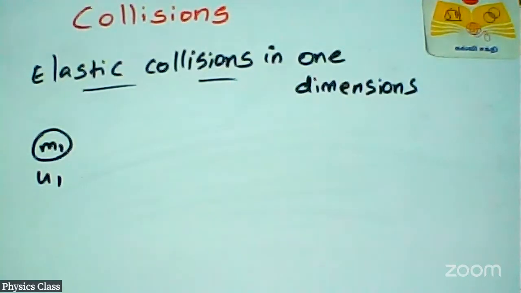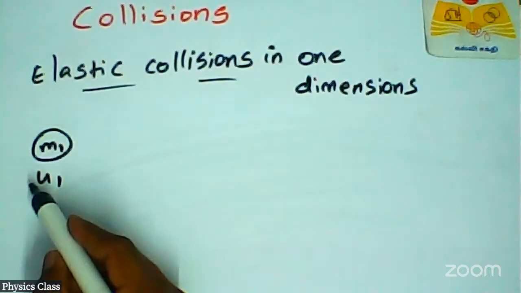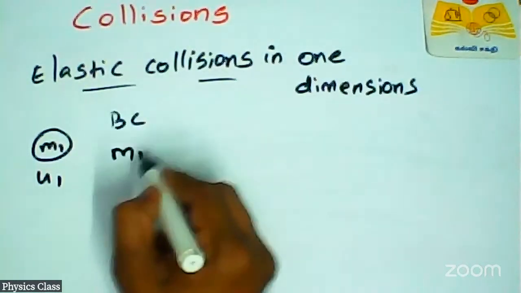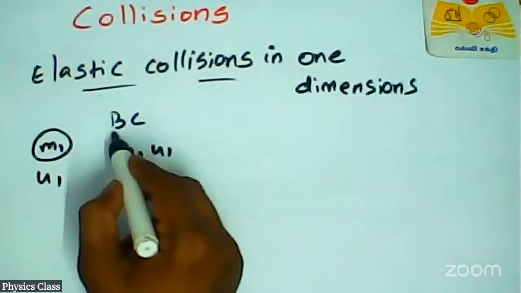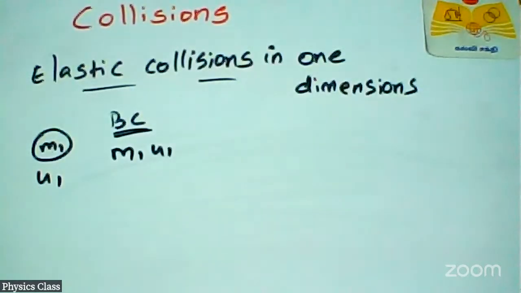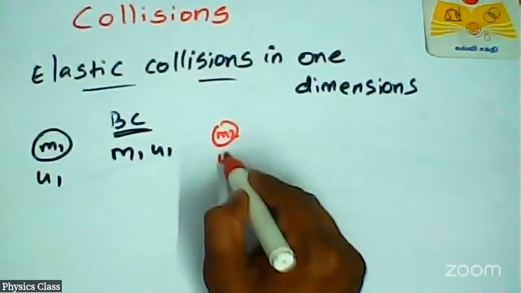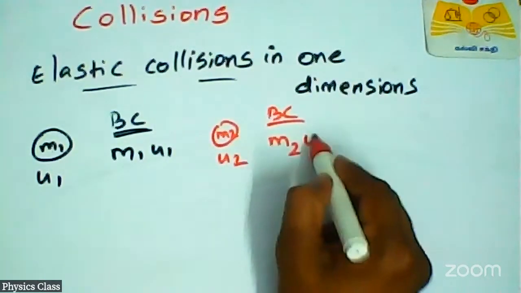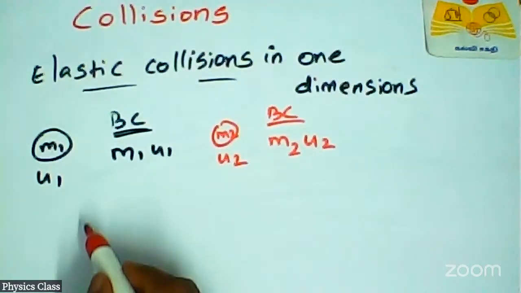So mass m1 has velocity u1 before collision, so the momentum is m1 u1. Mass m2 has velocity u2 before collision, so the momentum is m2 u2, because momentum is mass times velocity.